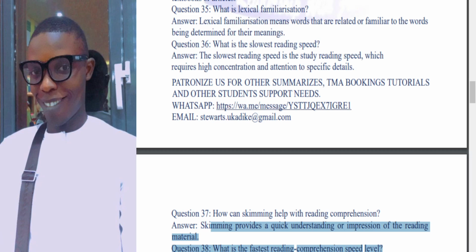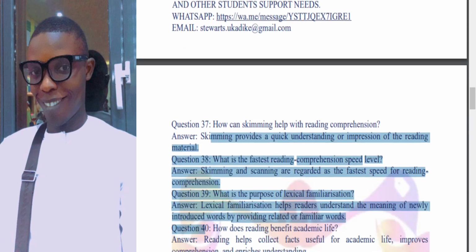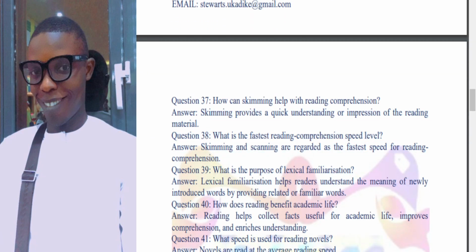When we go to the quickest form of reading, we mention scanning and skimming. Slow is study. Average is also study, but that is when the text you are studying is actually very easy to understand.